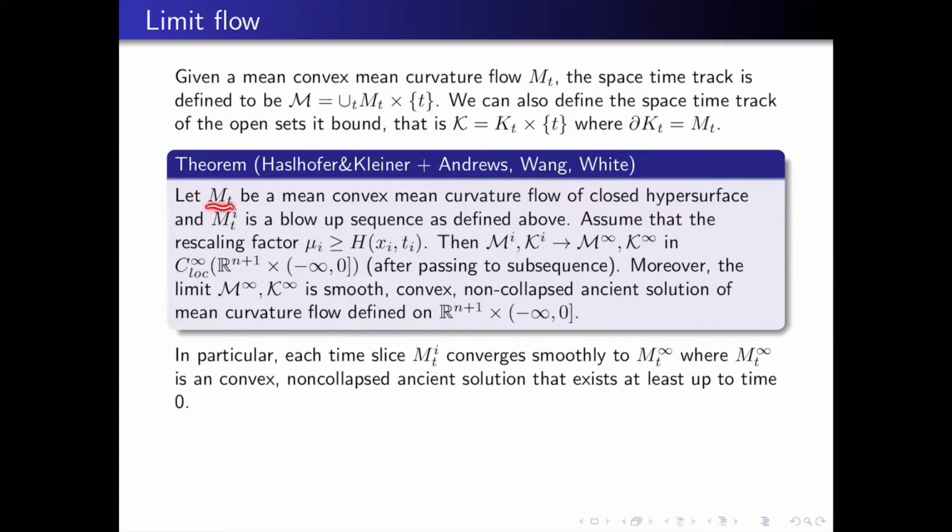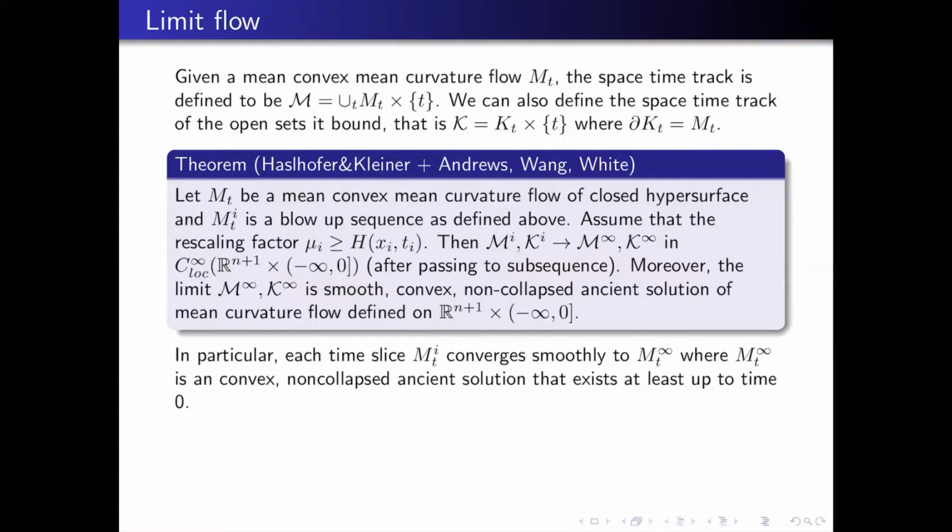Suppose that M_t is a mean convex mean curvature flow of closed hypersurfaces, and M_t^i is a blow-up sequence as we have defined before. And assume that the rescaling factor mu_i is at least the mean curvature at x_i and t_i. Then the space-time track will converge smoothly to a limit in the time interval minus infinity to 0.